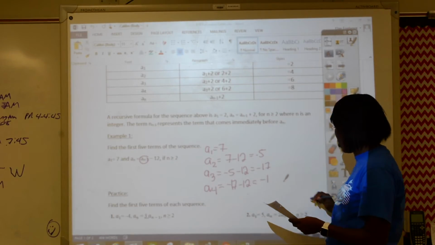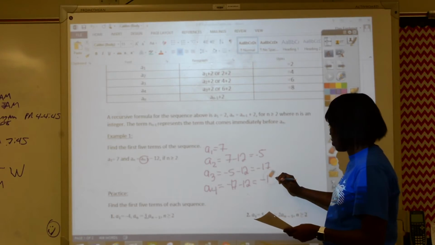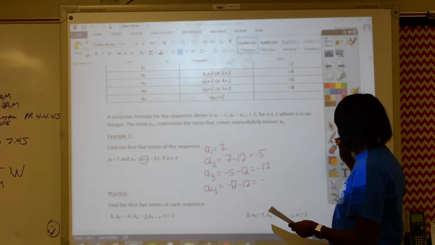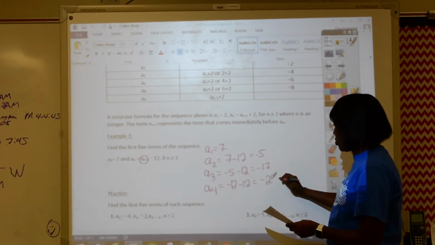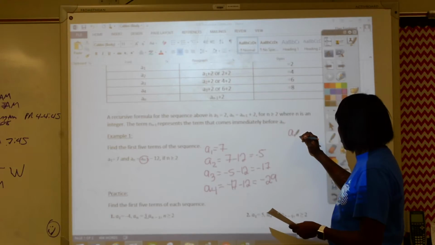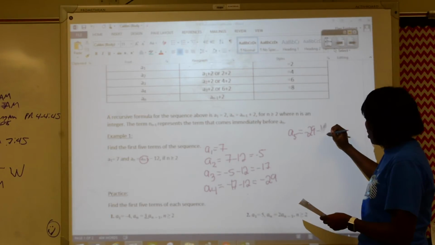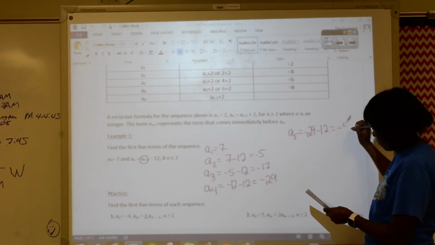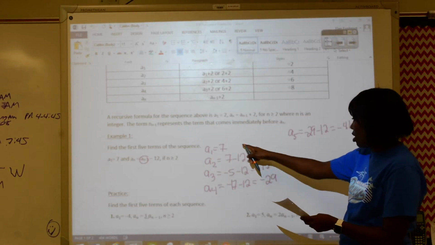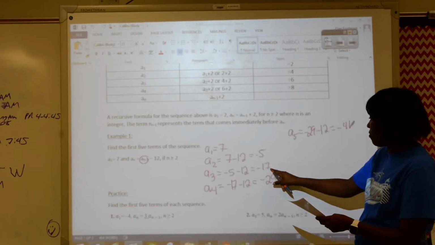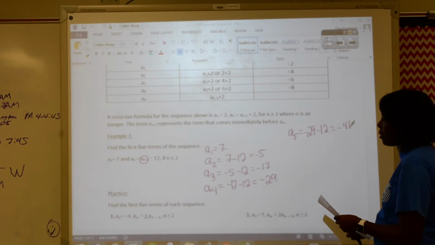I was like, I did something wrong. Negative 29. And then a sub 5, we take the previous term of negative 29, and we subtract 12, and we get negative 41. So our first 5 terms are 7, negative 5, negative 17, negative 29, negative 41.